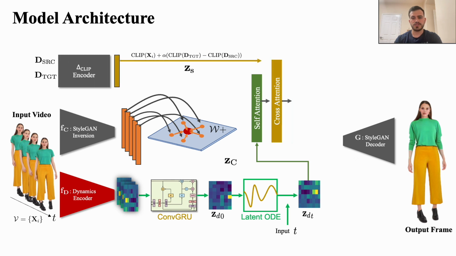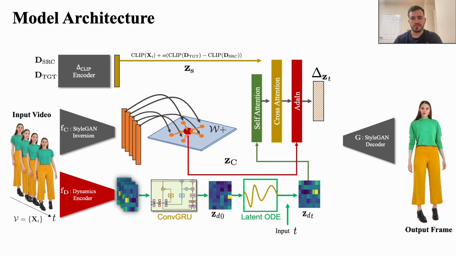We then use a cross-attention layer between the output of the self-attention and the representation of the target frame in the CLIP space. This is then passed into an adaptive instance normalization layer that produces a direction in the W+ space. We add this direction to the global code to obtain a latent representation of the target frame ZNU, which is passed to the pre-trained image generator to decode the target frame.